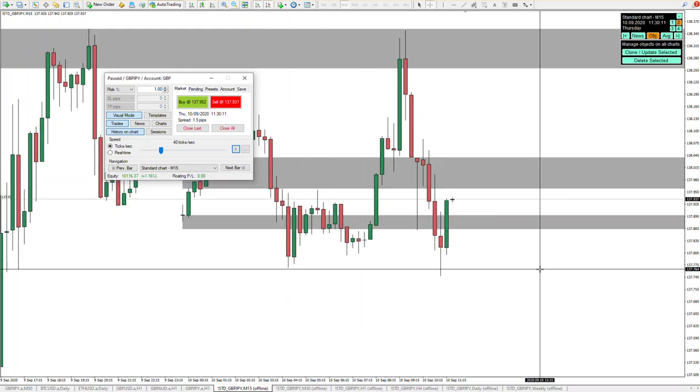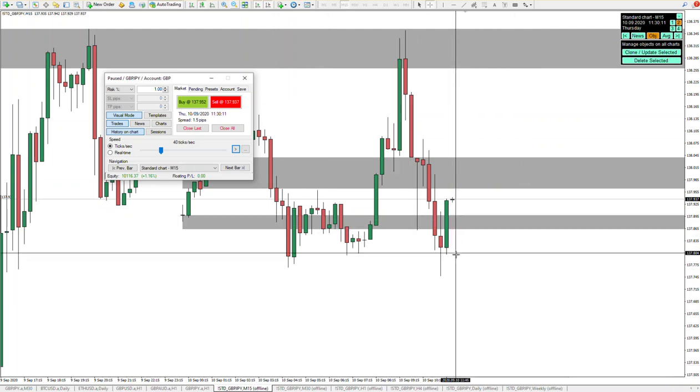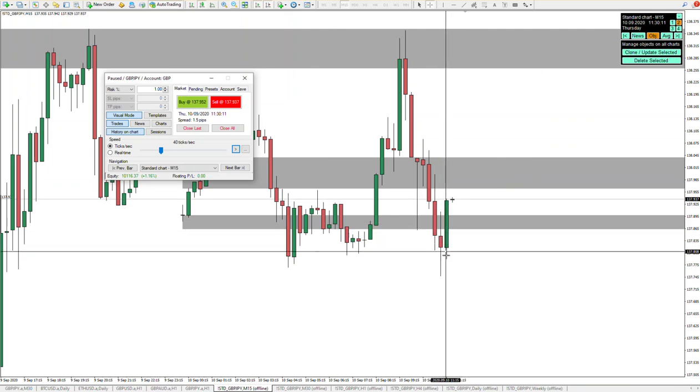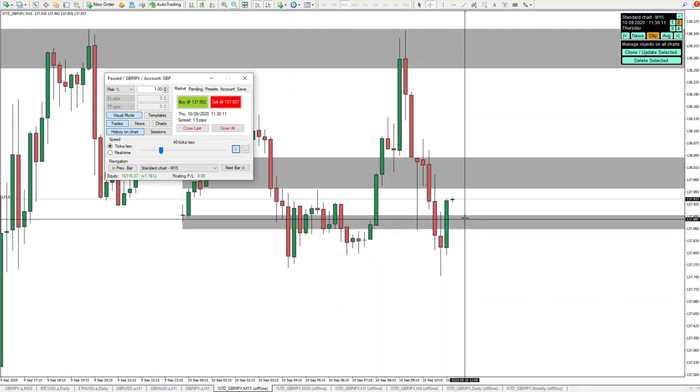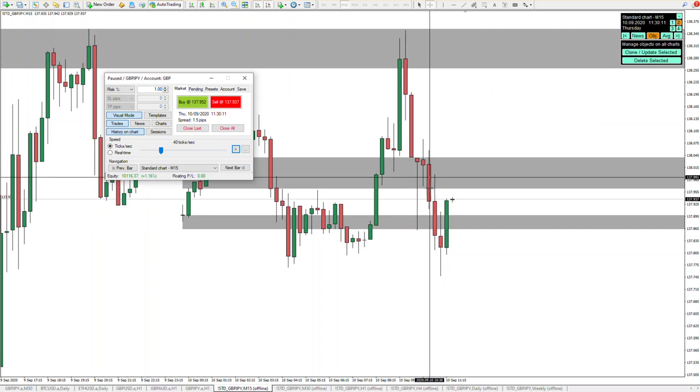Okay, M15 closed strong bullish with a higher high and a higher low compared to the previous candle. Possibly we can correct this complete down move.